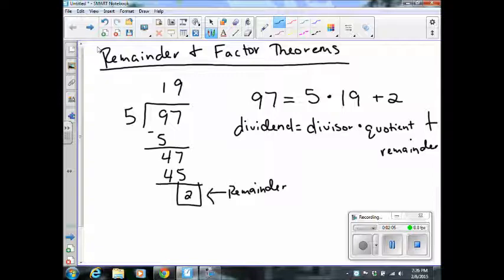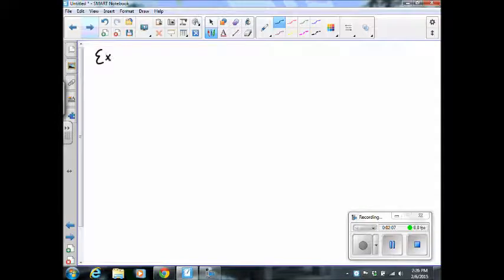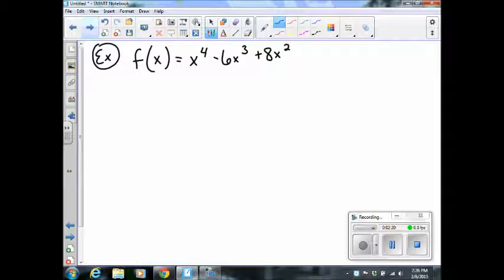So for instance, let's say that I have f of x, we're working with functions, is x to the 4th minus 6x cubed plus 8x squared plus 5x plus 13. And my goal here is to find f of 4.